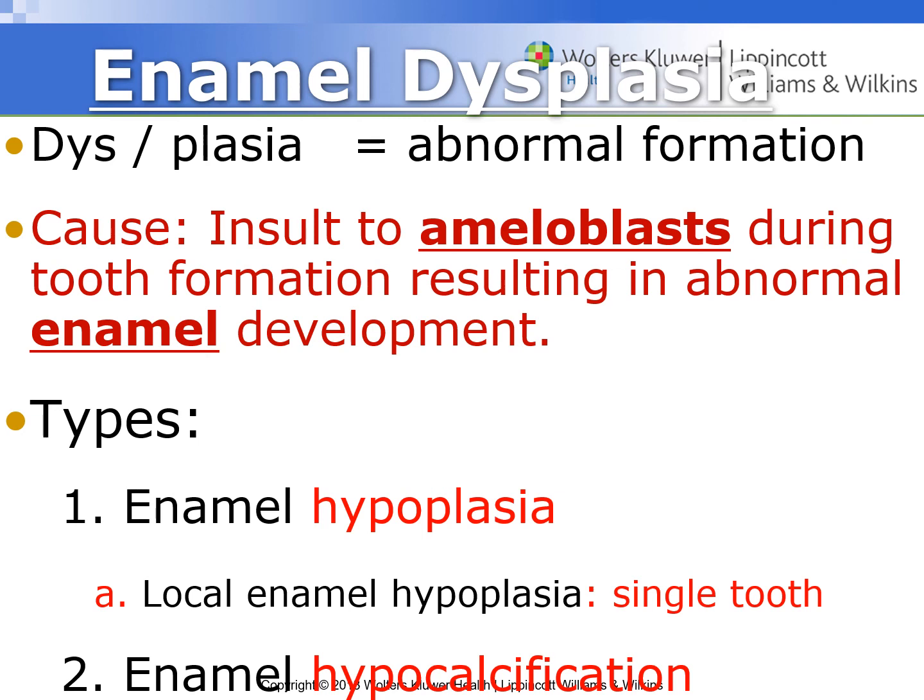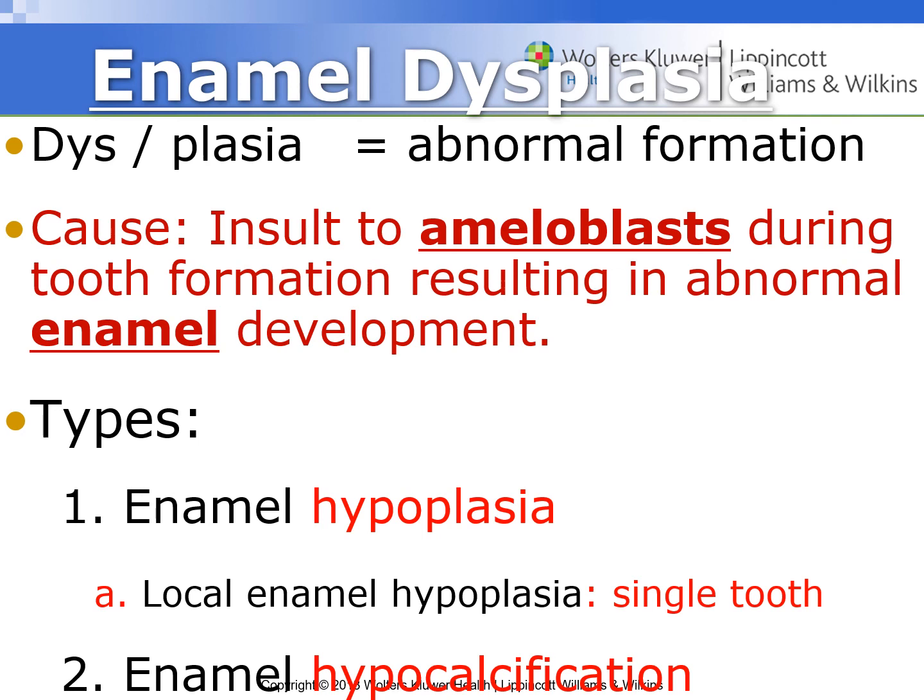We'll get into that. So the types of abnormal formation or enamel dysplasia could be enamel hypoplasia, or local enamel hypoplasia. That's where you get maybe a white spot, where something happened during the formation of the enamel, and it only shows up on a single tooth. You can have all your teeth fine and the little white spot on your tooth, which comes from inside the tooth, is just on one tooth.